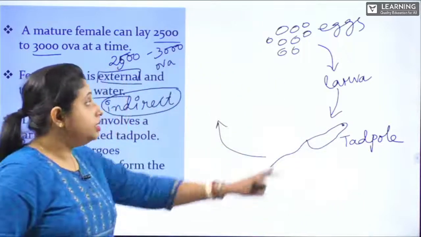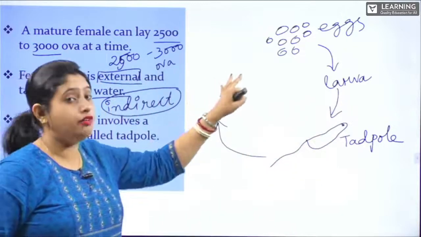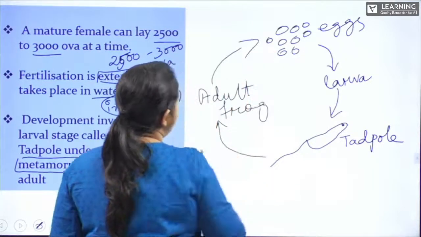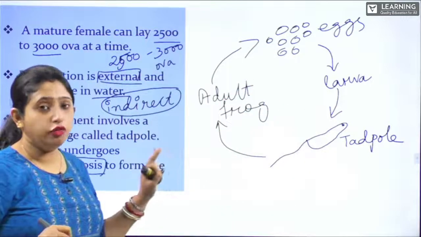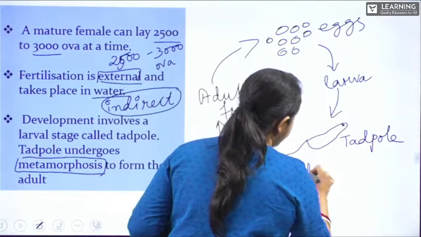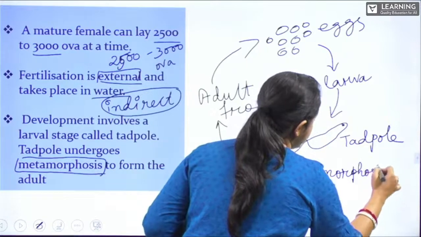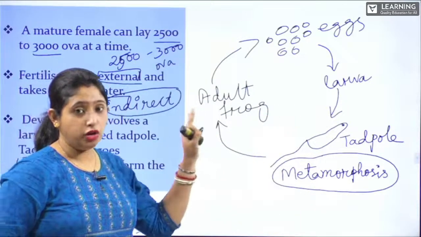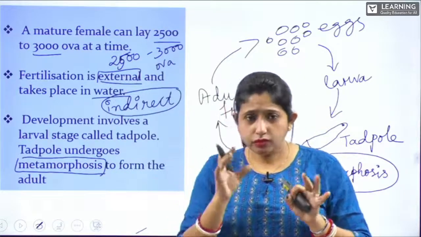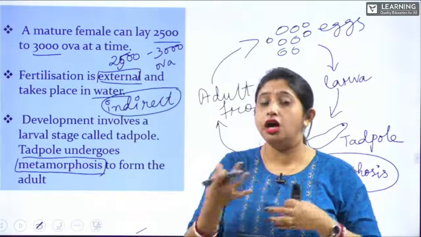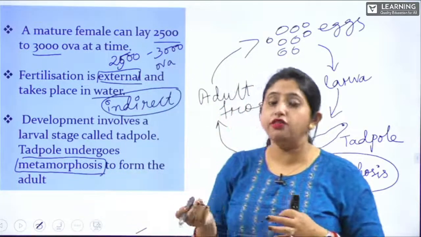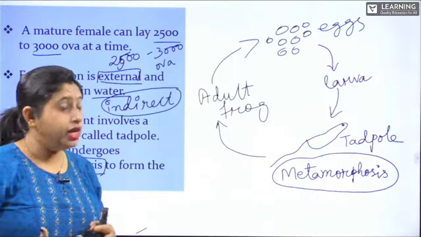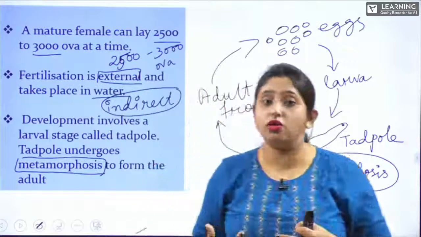From the larval stage, the tadpole develops into an adult frog. So this is how development takes place in the frog. The baby of the frog, after fertilization and development, will not be the same as the adult frog, so it is called a tadpole. Slowly and gradually it develops into an adult frog. This process is known as metamorphosis.